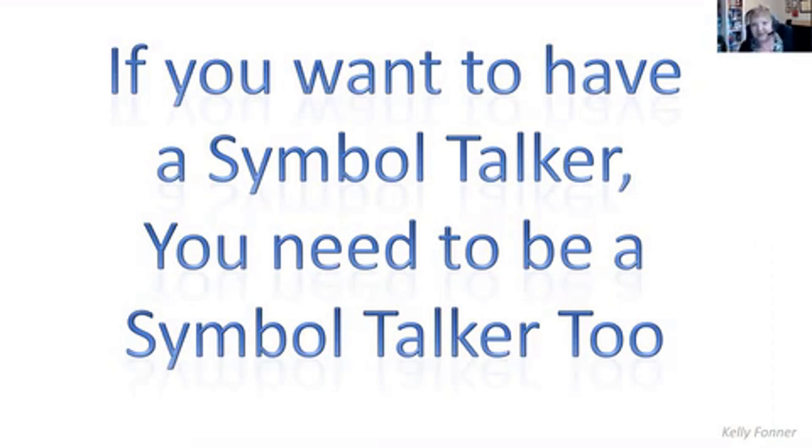It's just as simple as that. They need to be surrounded by people who talk their language, just as children grow up learning to speak the language of those in their community. That's what we're looking at in this idea of the communication triangle.